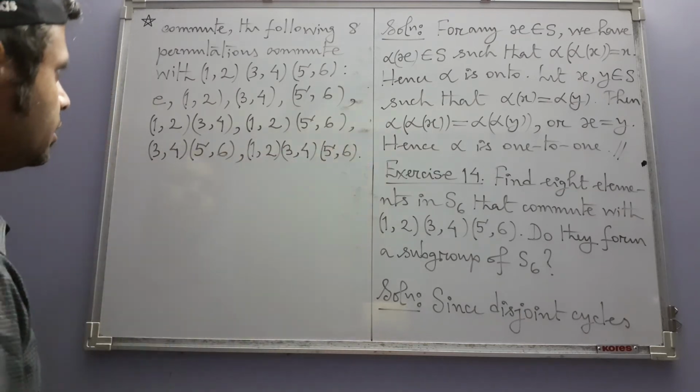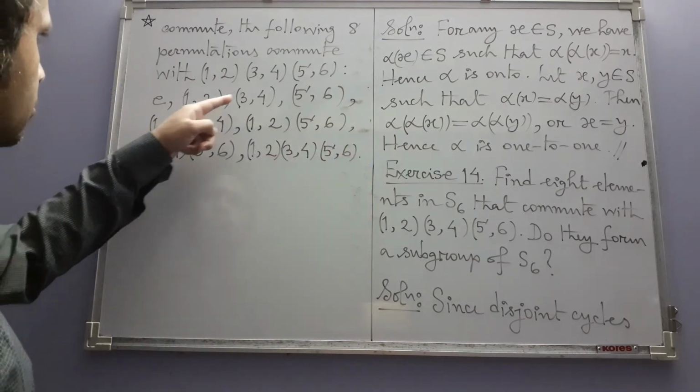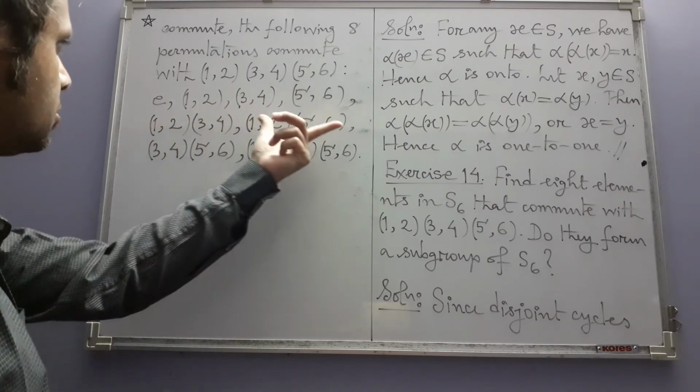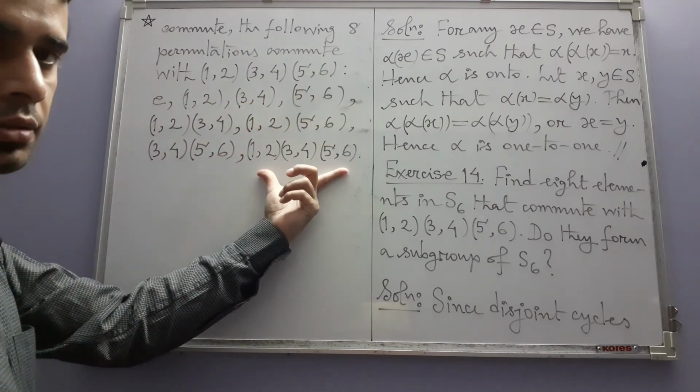So how many are we getting? 1, 2, 3, 4, 5, 6, 7, 8.